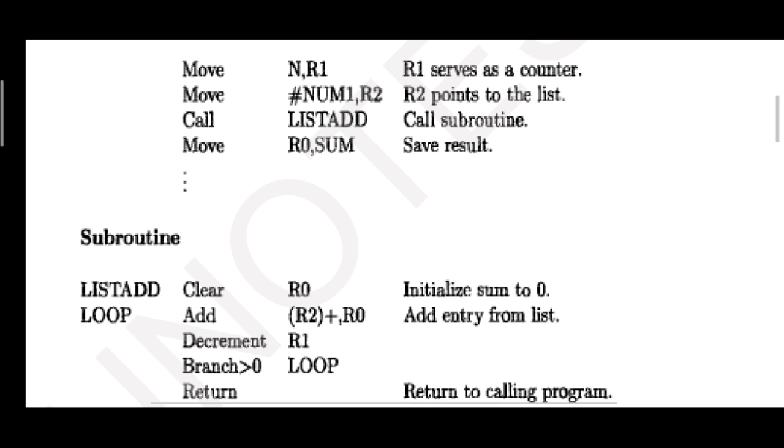Under repetition, the same concept. We have used the auto increment mode here as we have used it in a previous example which I told you just now. So add R2 plus, which stands for add the content of pointer register R2 to R0 and increment the address of that pointer register by 4, right?